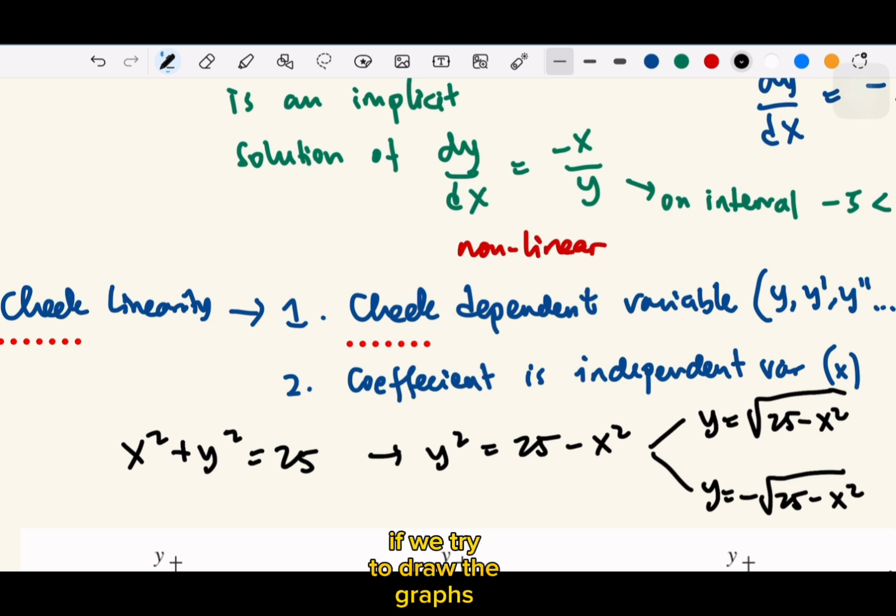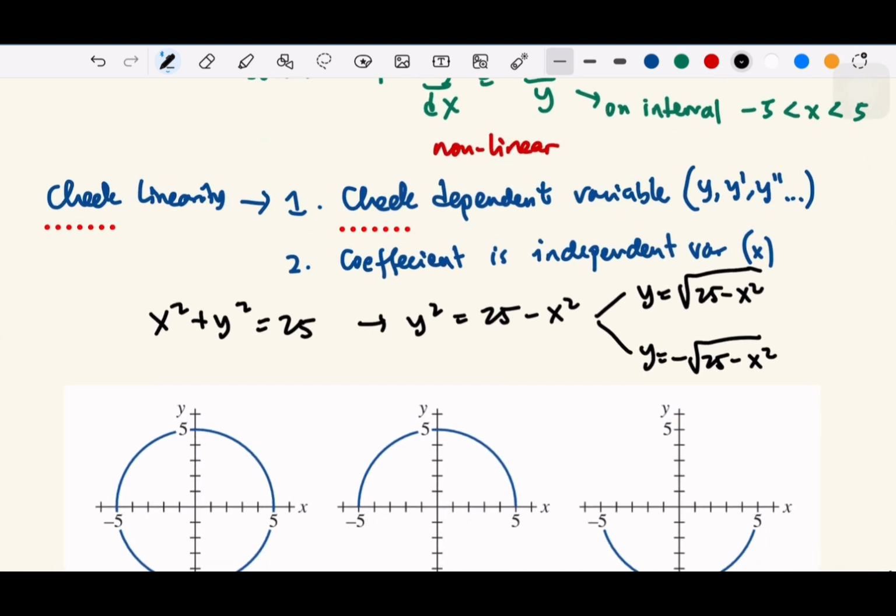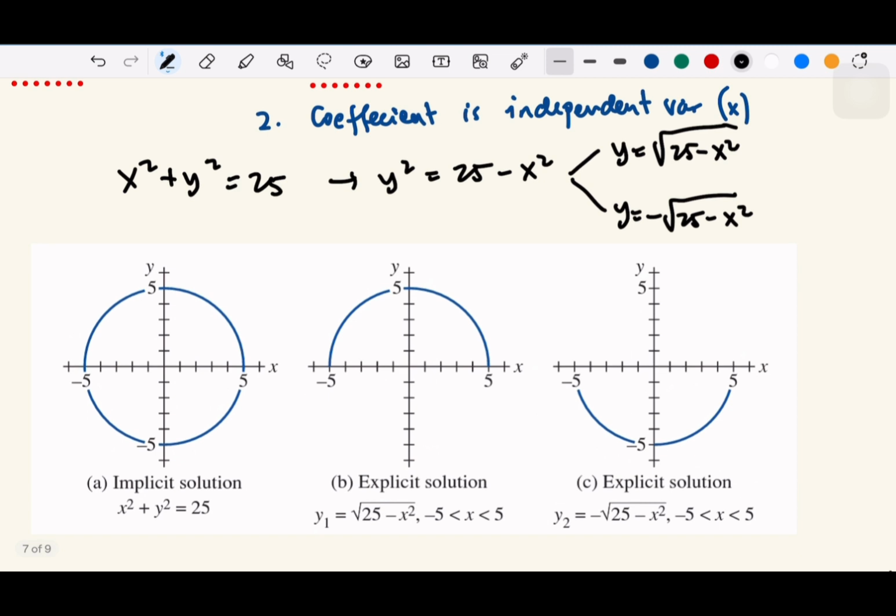Or if we try to draw the graphs, then we have the implicit solution, x squared plus y squared equals 25, this normal circle, and we can say explicit solutions for the positive one and then for the negative one, with the same interval.